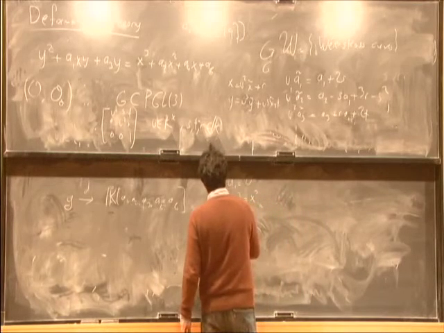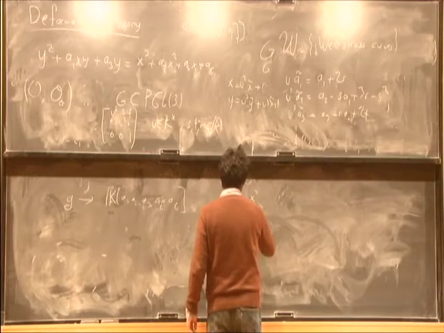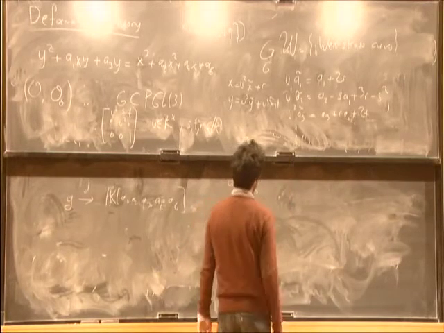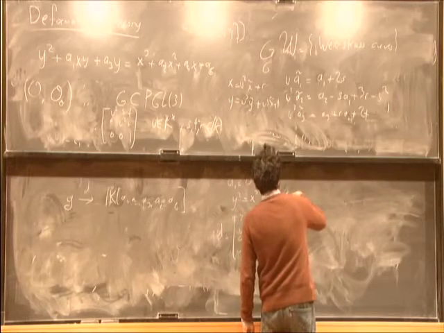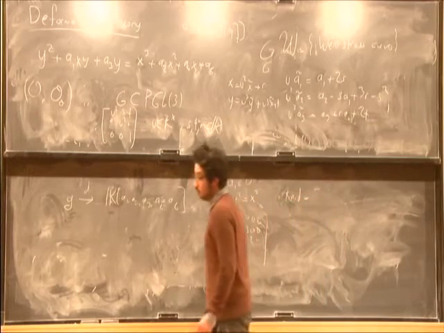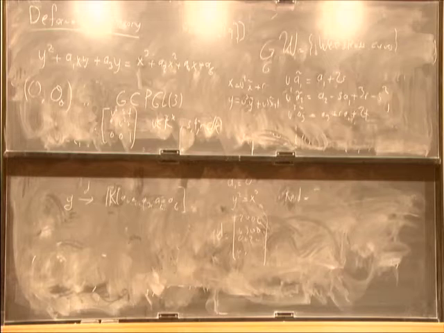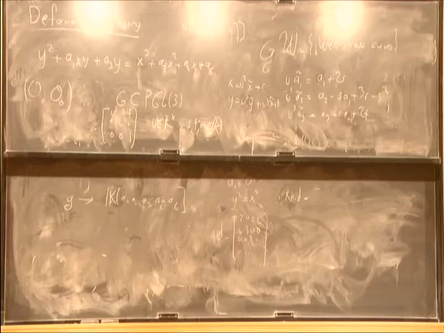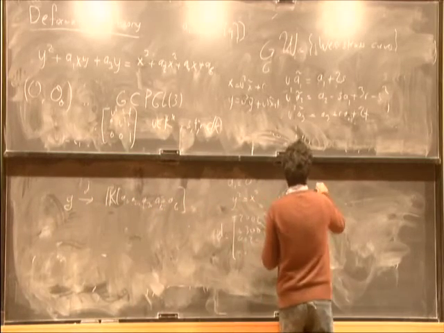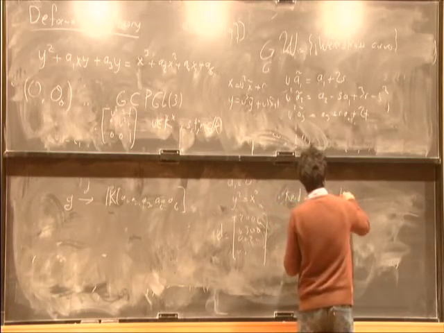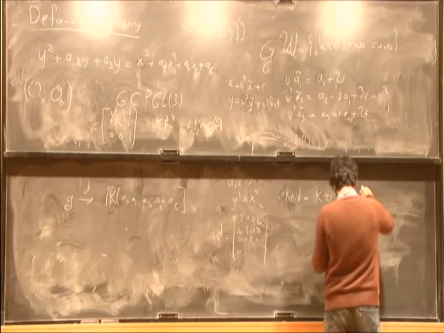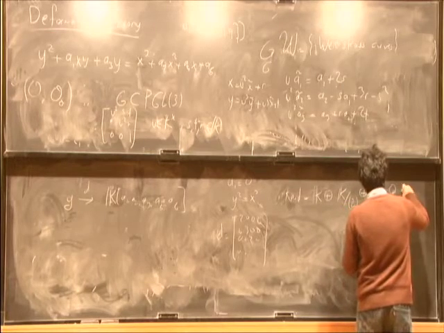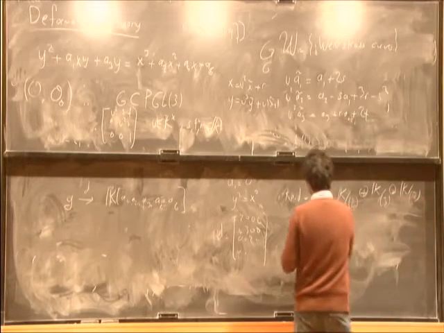D is this matrix, some explicit matrix from these equations that you can obtain, and the kernel of D is this. So it's an explicit thing, and the co-kernel is also explicit.